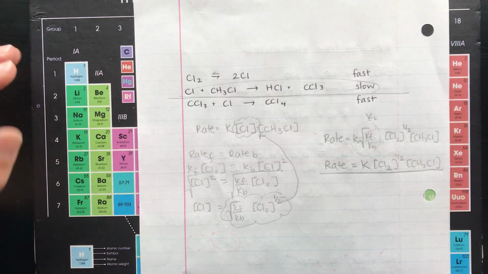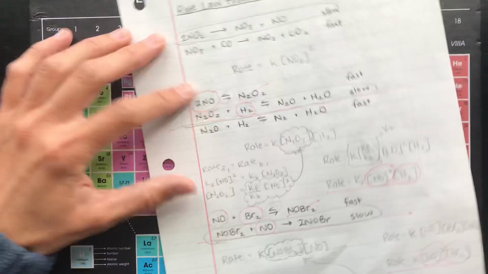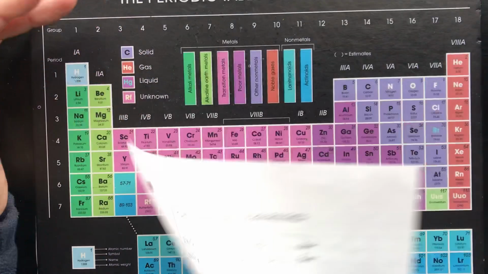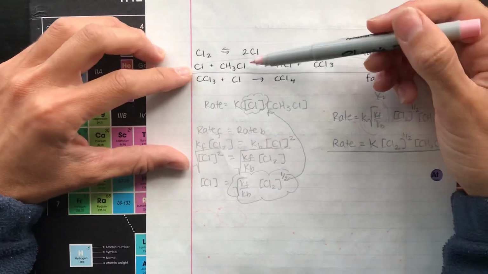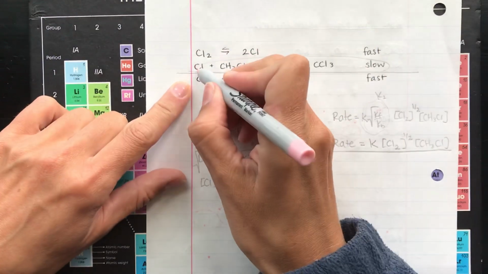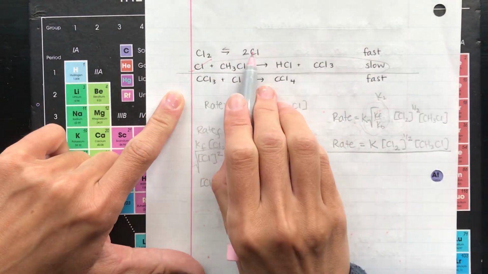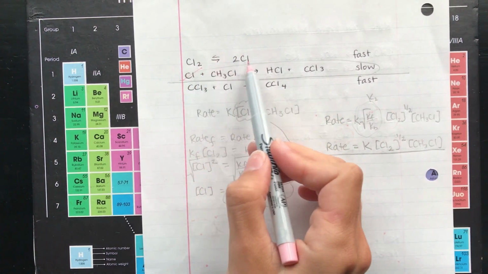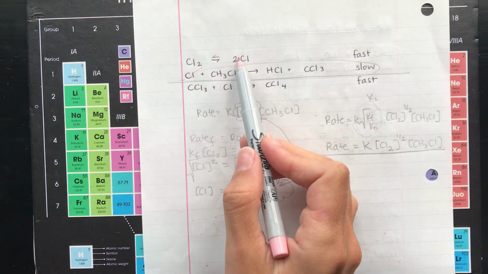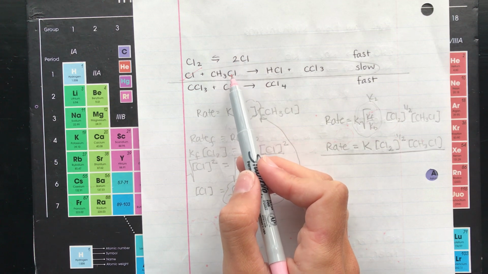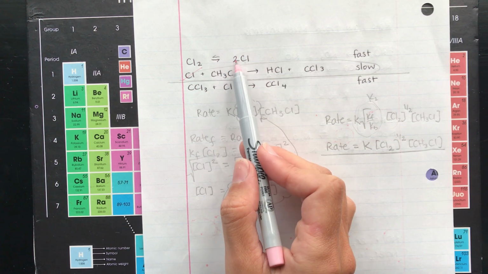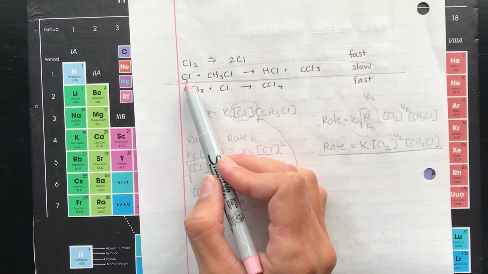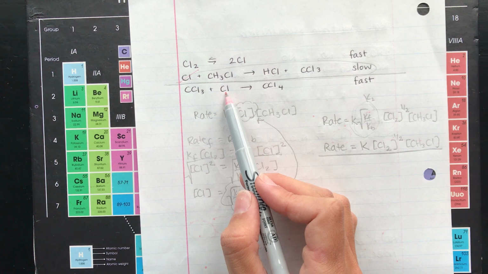Okay. So let's go to the shortcut now. Remember, in the shortcut, we canceled intermediates, and then we circled what was left. If I want to cancel the chlorine, I have an issue. We have 2 chlorines up here. That means only half of this reaction was needed in order for the second step to proceed. And that does make sense. You made 2 chlorine atoms, but you only used one of them in the slow step. The next one wasn't needed until way down here.